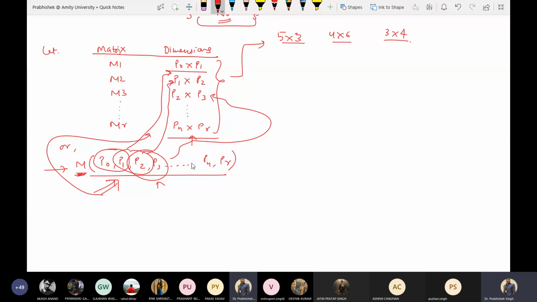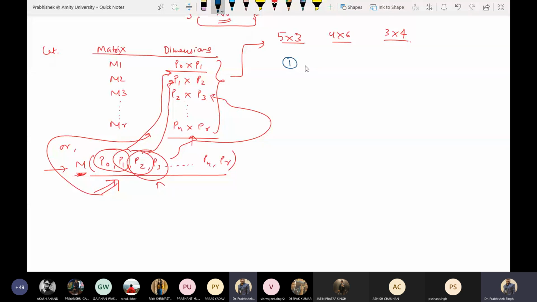So it is not that difficult to understand how this series of dimensions is given to us. The question will be given in this form: multiple matrices and associated dimensions are given, and two questions will be asked.